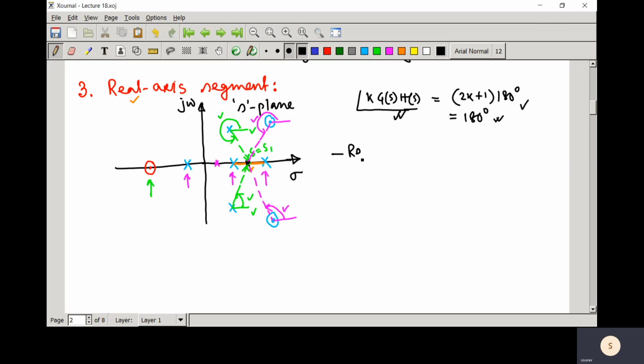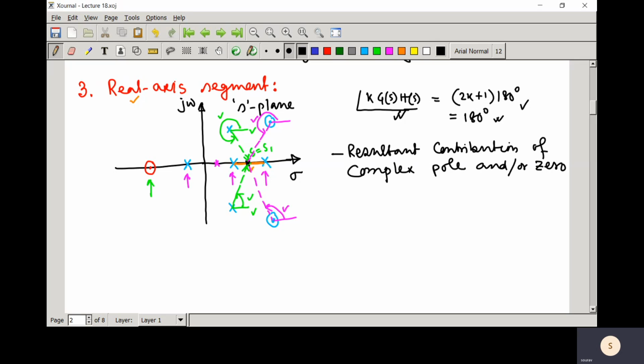The resultant contribution of complex pole and or 0, that means if you take pole or 0 or pole and 0, it is always 360 degree or 0 degree.